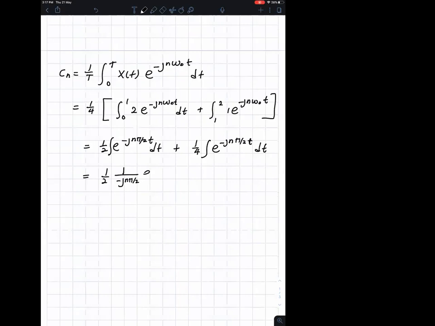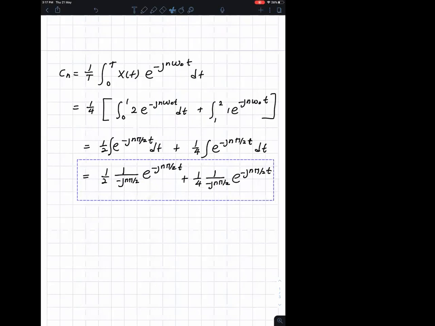And similarly, on the other side, it is 1 over 4, 1 over minus j n pi over 2. Of course, we have to integrate this. Let me put the limits of integral.